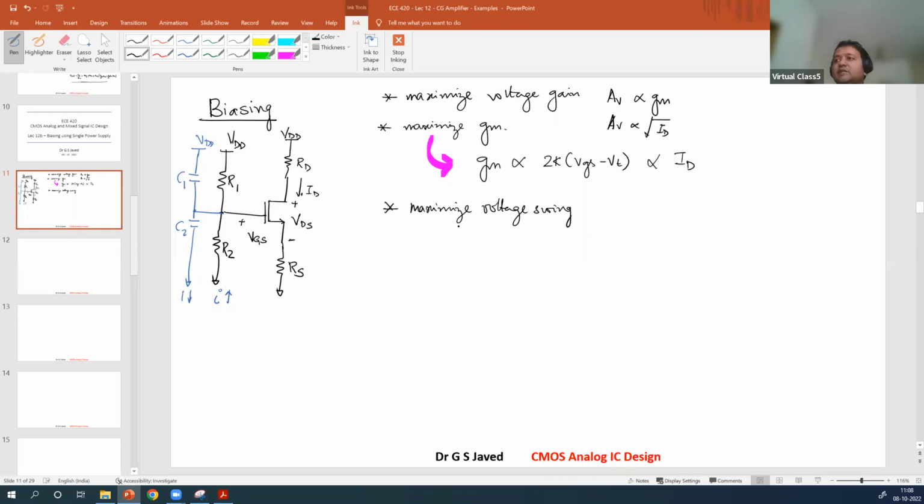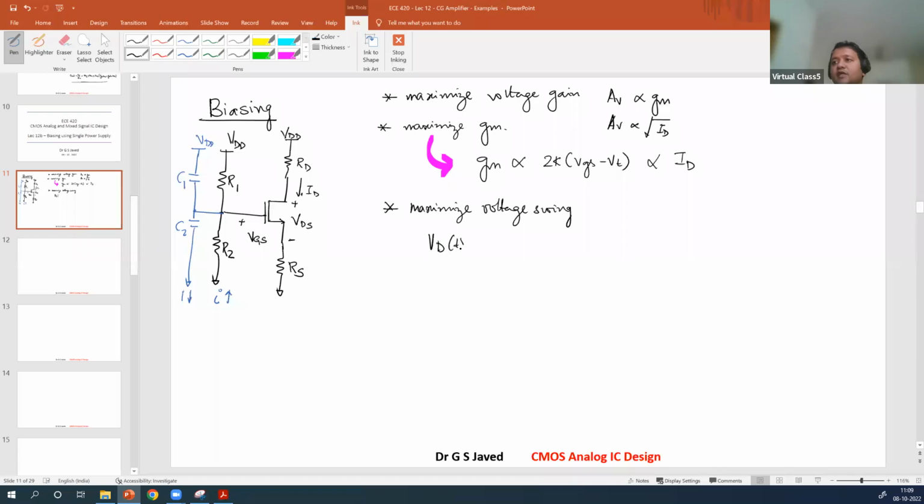So how do you want to maximize the voltage swing? If your DC voltage is good enough and your drain voltage swing is there, then your drain voltage swing will be cumulative. What do you mean? If your biasing is very close to VDD, then even a very small swing will saturate. What will happen?